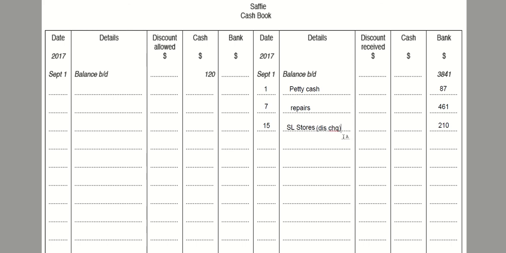Not mandatory. If you want to write it, you can, otherwise, but writing the name of the customer is mandatory. So you must write SL Stores. If you only write dishonored check, you will lose a mark because the double entry should be shown properly, that the double entry for this will go in the SL Stores account on the debit side. So let's go to the next one.